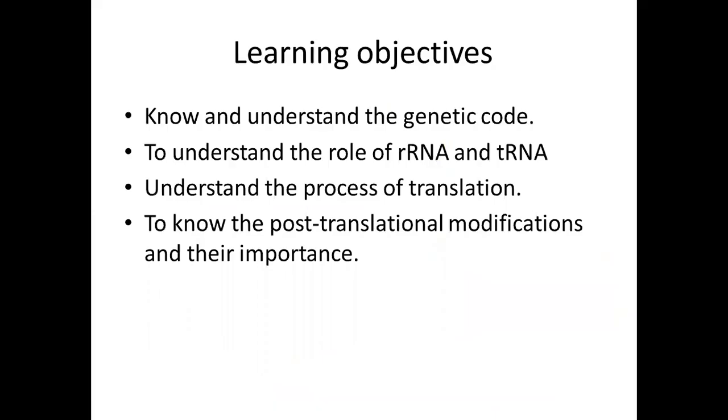So our learning objectives will be for us to know and understand the genetic code, to understand the role of RNA and tRNA in translation, to also understand the process of translation itself, and also to know the post-translational modifications and their importance.